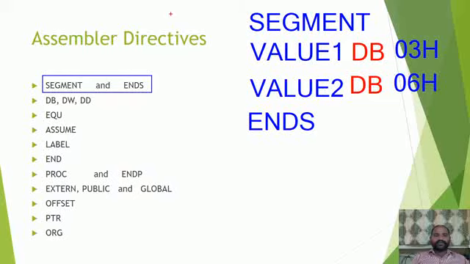I'm calling this group by a name, and we are supposed to give a valid name. Valid name means we are declaring the variables now, and these values should be there in the data segment. As per our analysis, these statements should be there in the data segment.